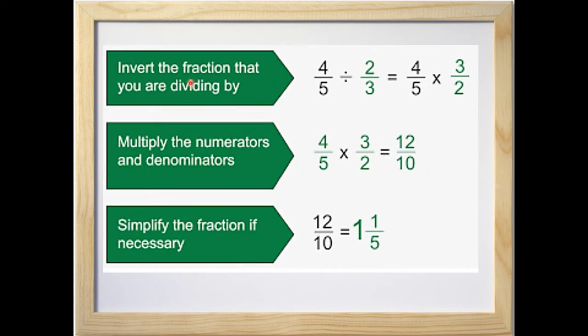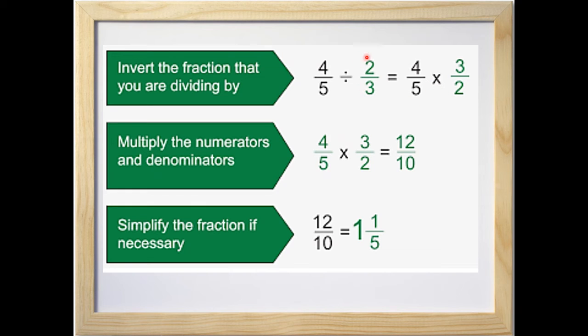So let us understand by another example of a division of a fraction by a fraction. The two fractions are 4 by 5 and 2 by 3. So let us divide 4 by 5 by 2 by 3. 4 by 5 will remain just like that, that is, the dividend will remain the same. And then the division sign is changed into a multiplication sign.